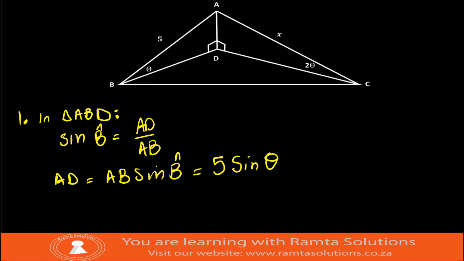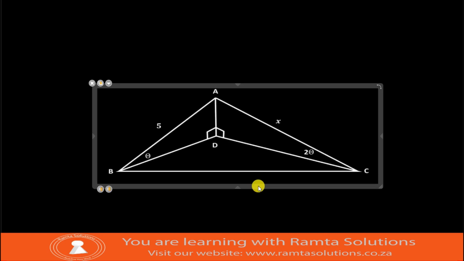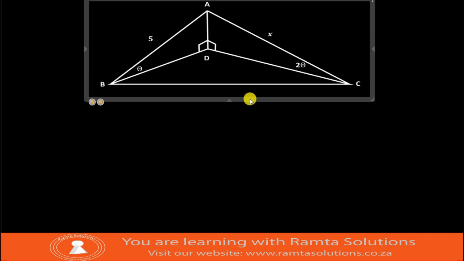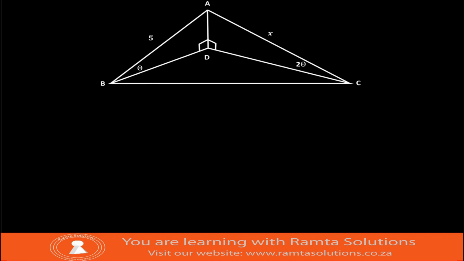Let me paste that again so you don't lose track of it. Now we're going to look at triangle ACD. In triangle ACD, you can see we have an angle here and a side here. This side is the hypotenuse. We have AD from the previous step, which is the opposite side.